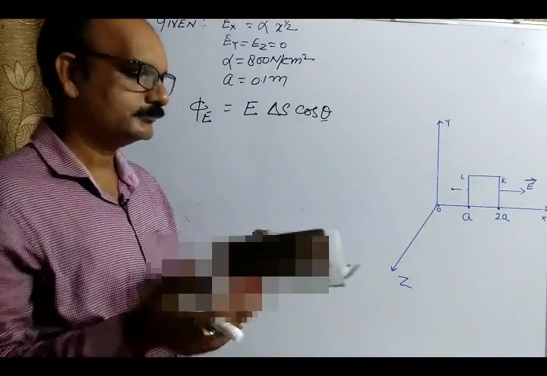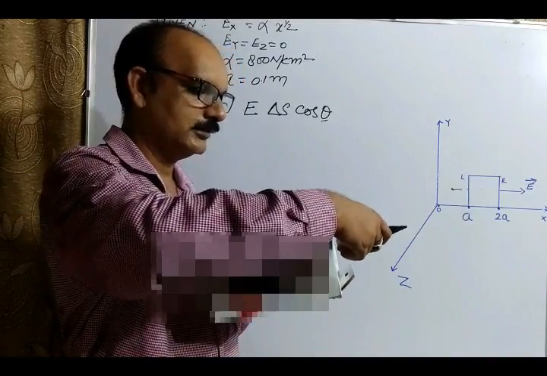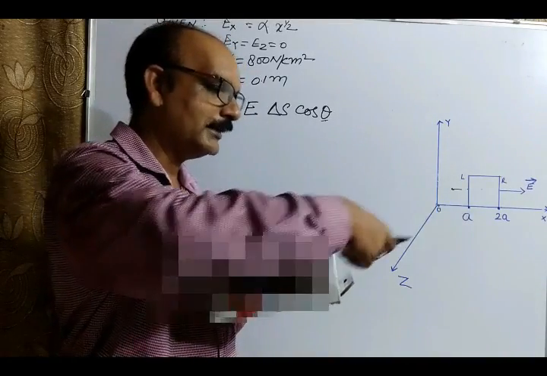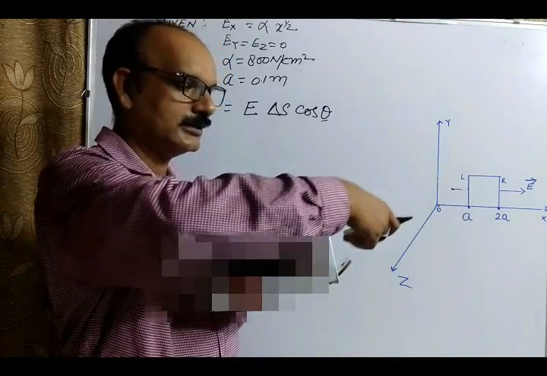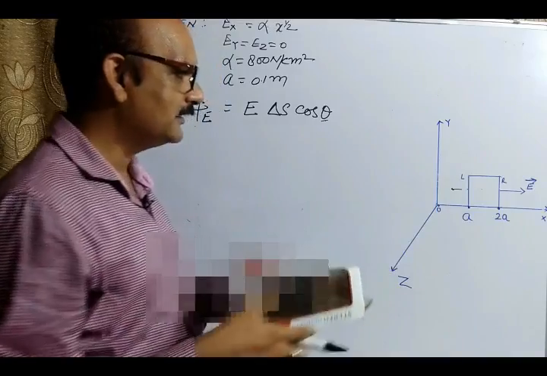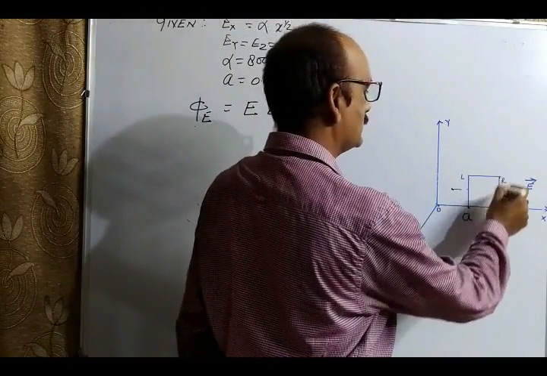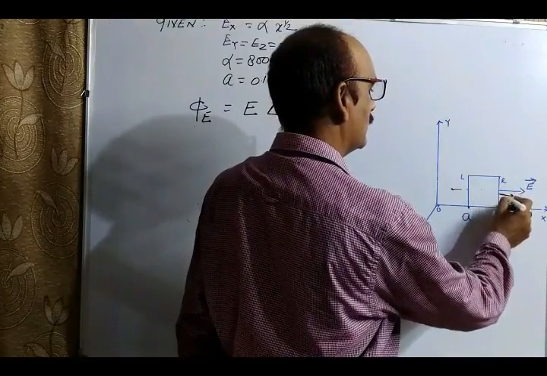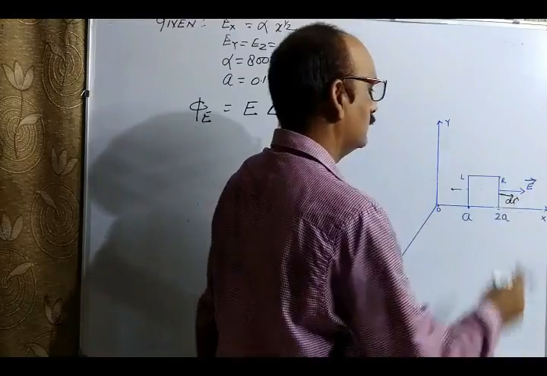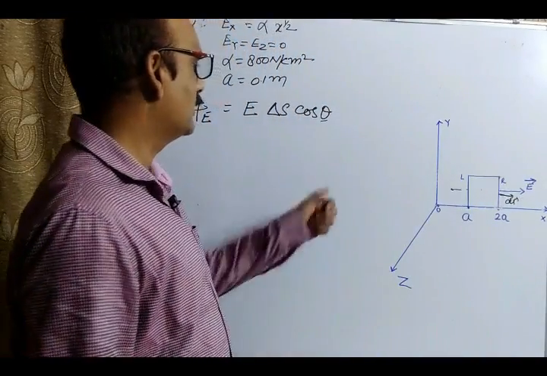It means that you will not get flux from this surface, this surface, this surface, and this opposite surface. Right? Now, what will be flux from this surface? Electric field in this direction, area vector is in this direction, theta will be 0. It means that for this surface, area vector and electric field both are in the same direction, and here theta will be 0.